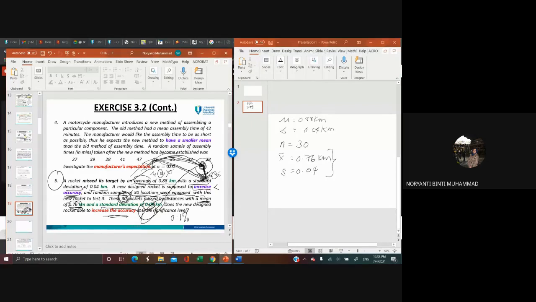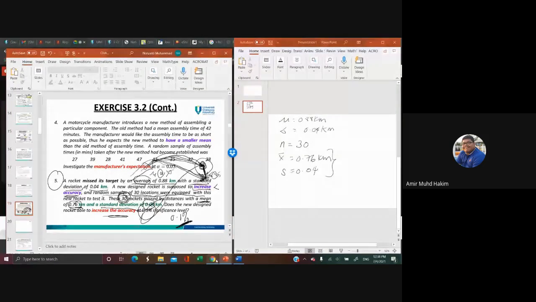Some students also cannot change this value. It's not 0.1, so what will it be? What is the value for this one? Anyone?